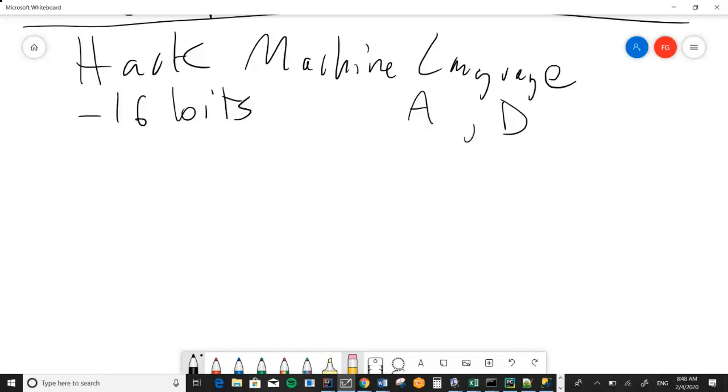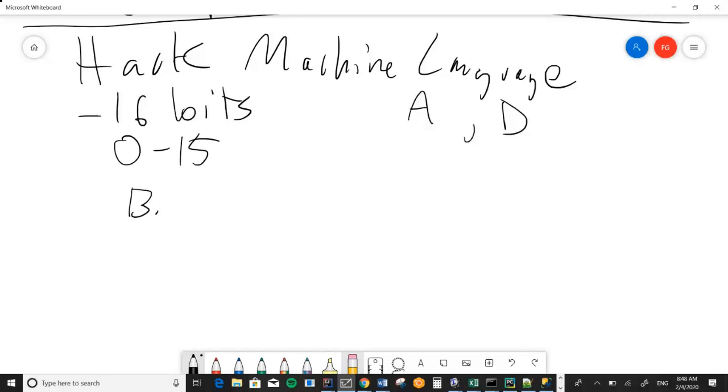Now, by convention, when we talk about the bits in memory, we number them from 0 to 15. Because of place value, bit 15 is the one all the way on the left. Bit 0 is all the way on the right.